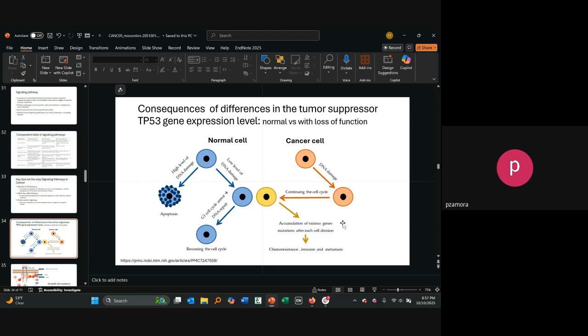And this accumulation of various gene mutations after the tumor suppressor action is the reason that TP53 is one of the most common and worst, in terms of clinical outcome, of the mutations that a cancer cell can get.